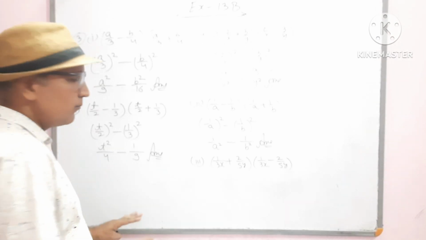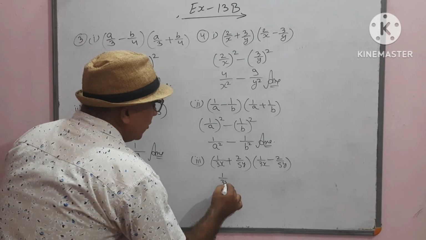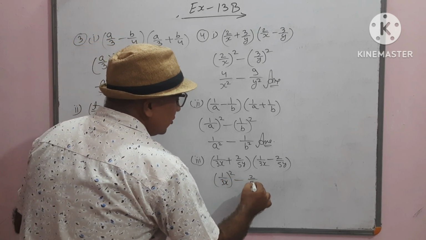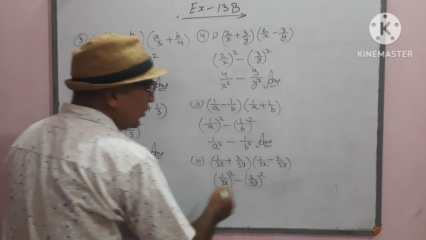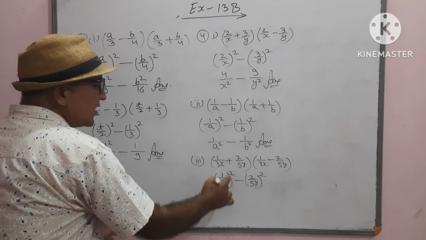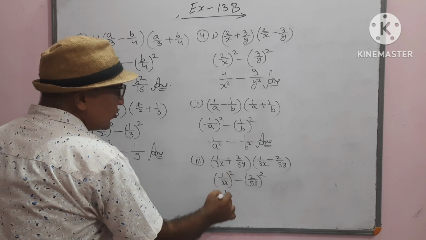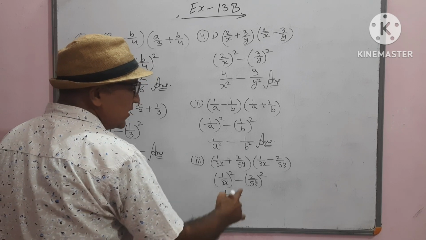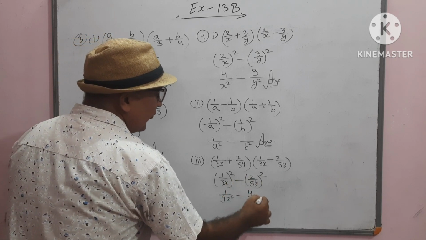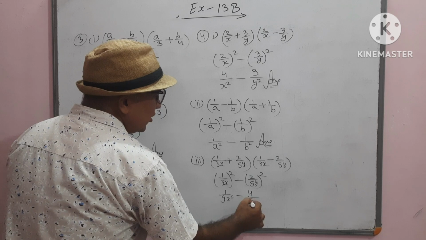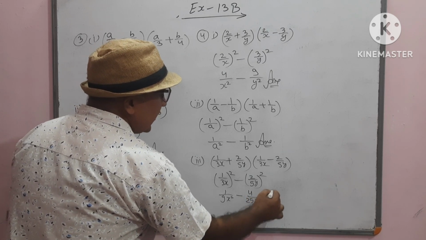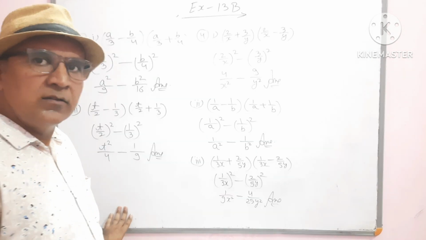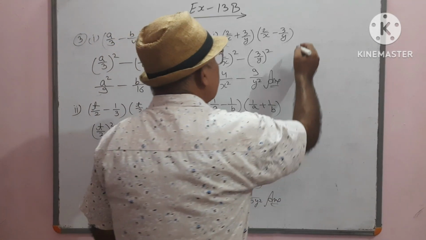So what will you do? 1 upon 3x whole square minus 2 upon 5y whole square. Now 1 square is 1, 3 square is 9, x square is x square, minus 2 square is 4, 5 square is 25, and y square is y square, and that will be your answer. Okay. Now coming to part 4.